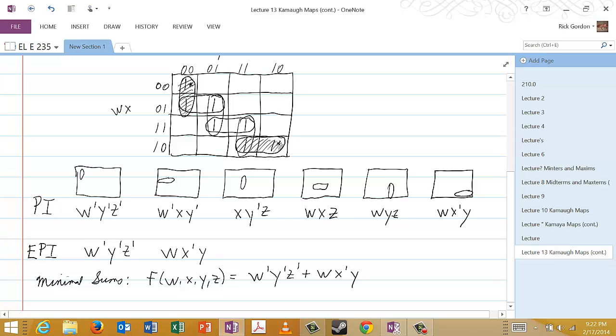But clearly, when you look at the Karnaugh map, you can see that the two terms that we have right here do not account for all of the ones in the Karnaugh map. We have 3 ones that are left unaccounted for. Now remember, the whole purpose of the Karnaugh map procedure is to find minimal sums. So we want to find a sum that is as compact as possible.